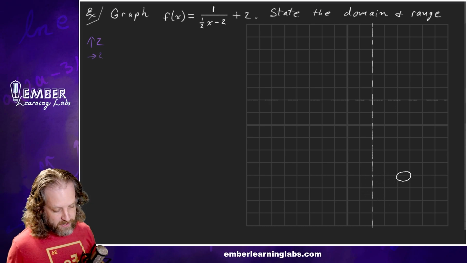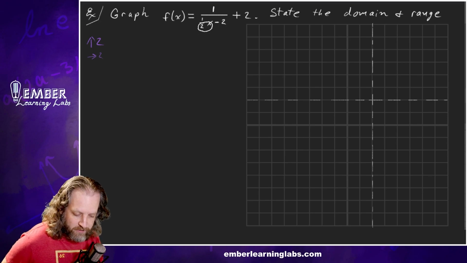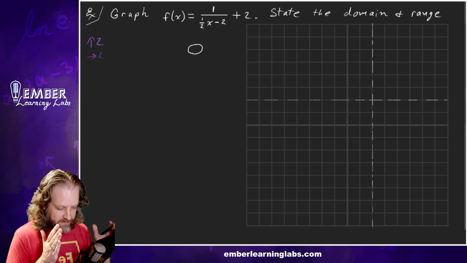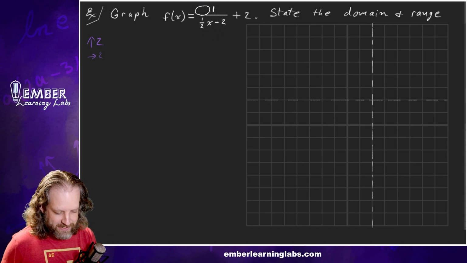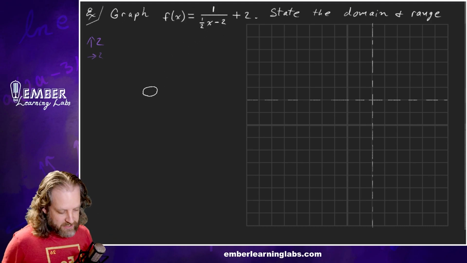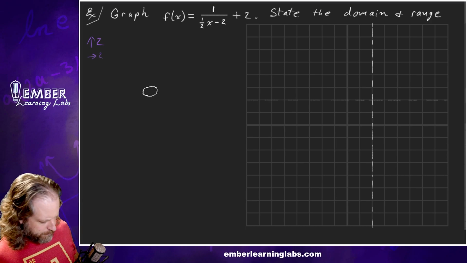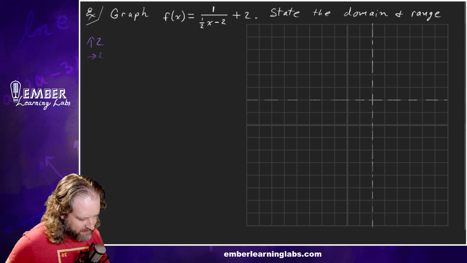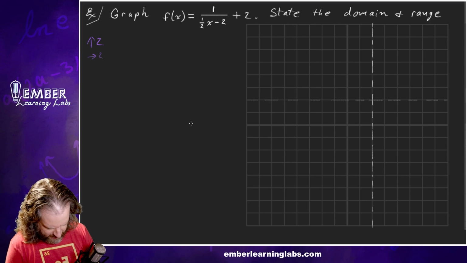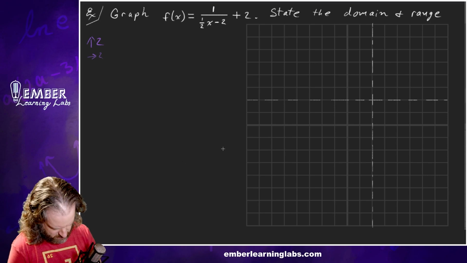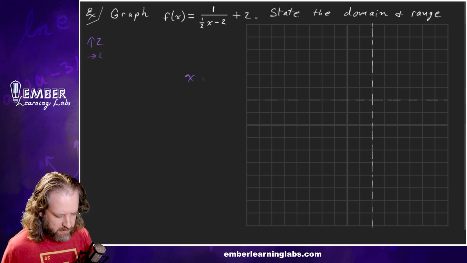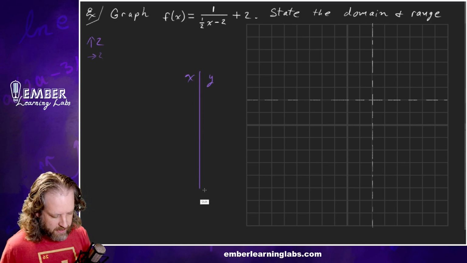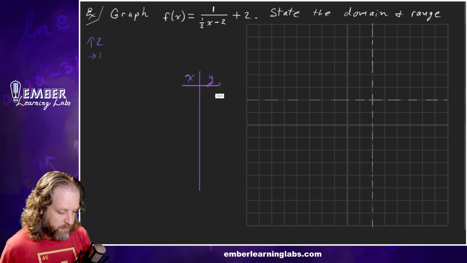Okay. So now it's also horizontally compressed, right? So it's going to be easiest to represent that by just plugging in some points. So let's go ahead and find some points here. All right, so we're going to make our little T-chart, X and Y. Now, what values do we want to put in for X?